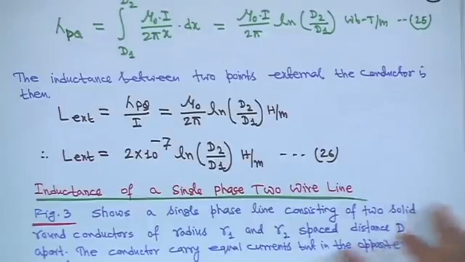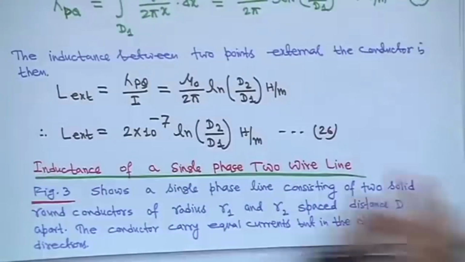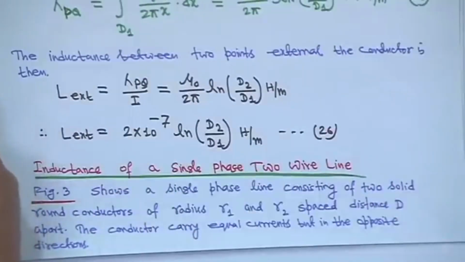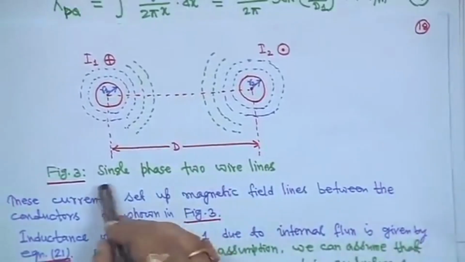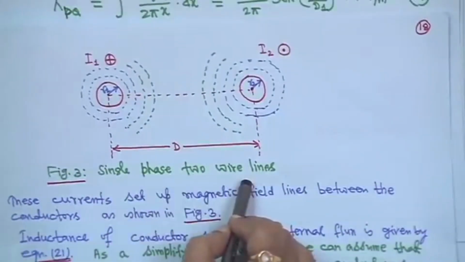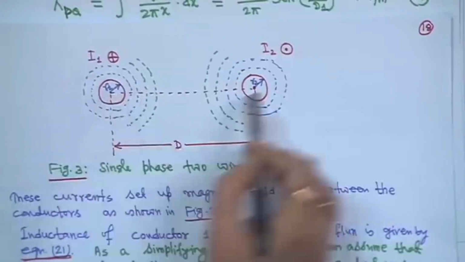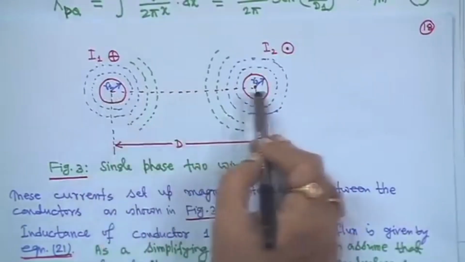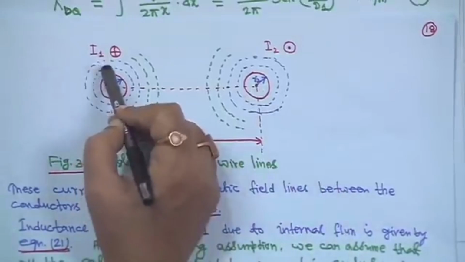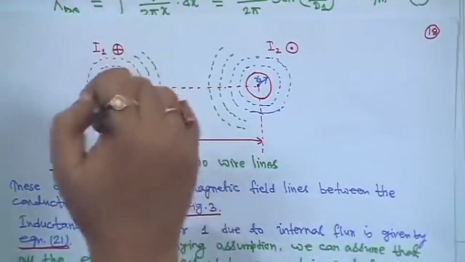So, next one is the inductance of a single phase 2 wire line. For example, suppose you have taken a single phase 2 wire line. This is one conductor, that red one, and this is another conductor. We assume its radius is r1, the other's radius is r2, and it carries current I1, and plus means the current entering into the page of the conductor.